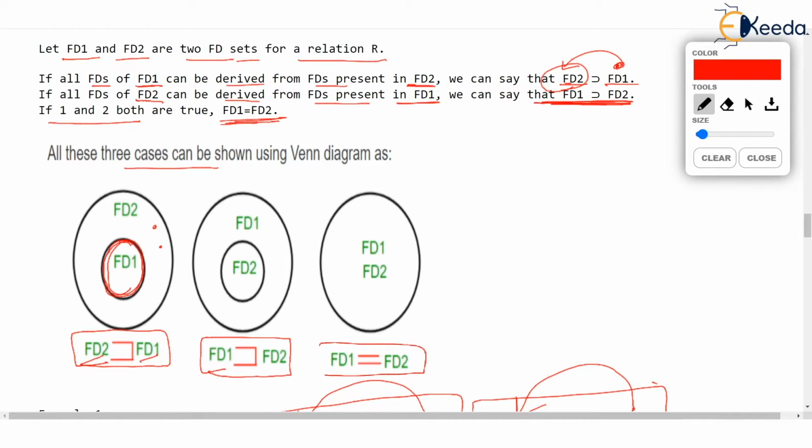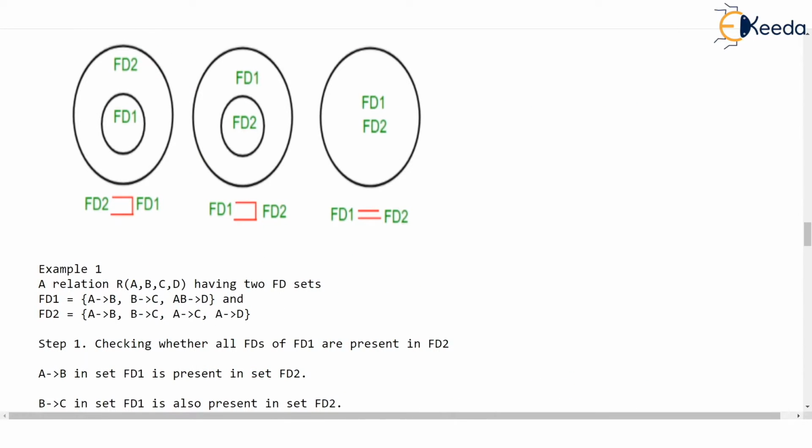So suppose two FD sets are given, how do you prove that they are equivalent? The method is quite easy. We will read all these things later, but these are the two FD sets given. In our example, on the same table R, we have been given two FD sets. I will just write it here again.